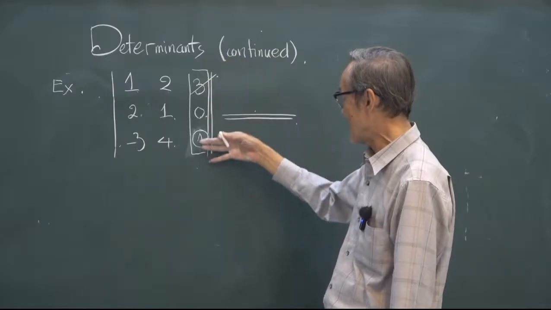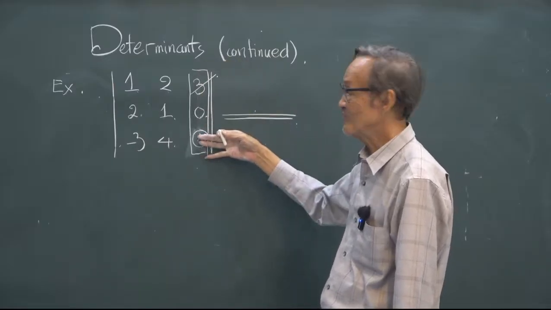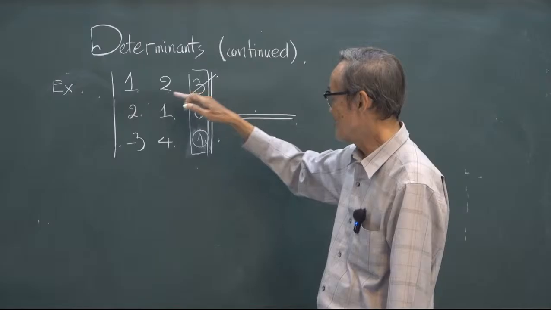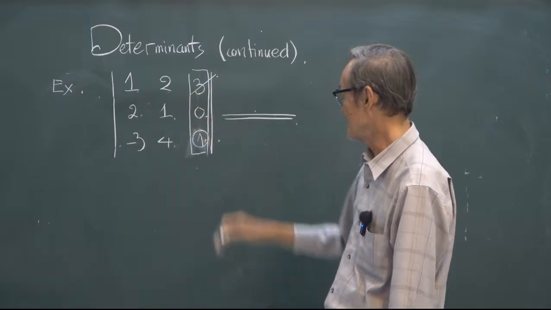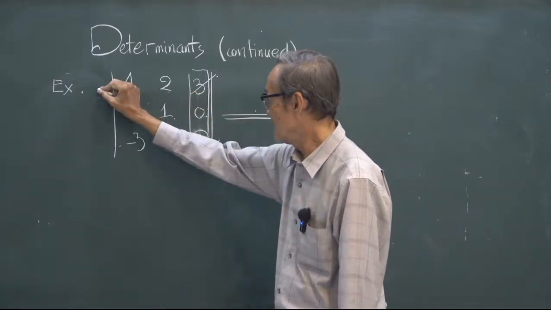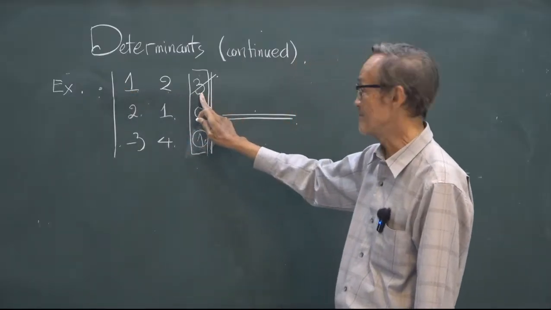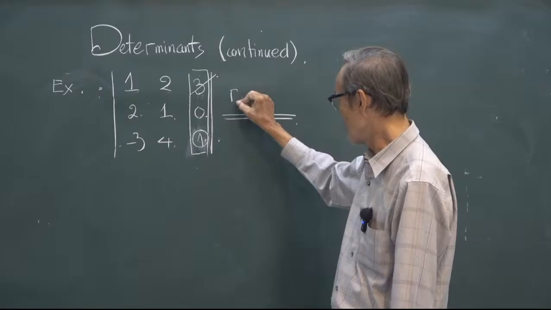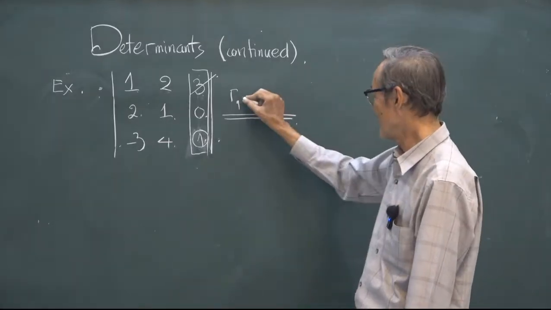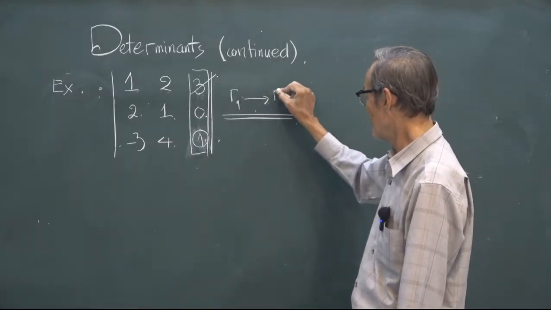Expand by column, transform by rows. We transform the row which contains this element, row 1. Row 1 becomes 2, row 1.